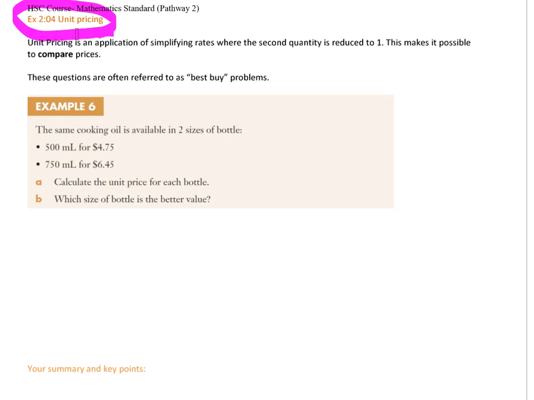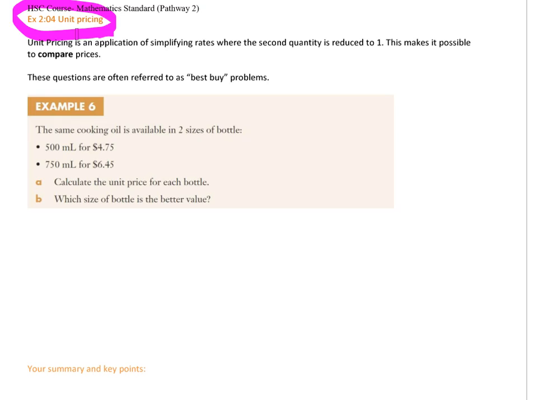And this happens, probably not so much for you, but as you become more responsible for purchasing the groceries, you might need to work out whether you should buy the bigger tube of toothpaste or a smaller one, or two different brands of toothpaste.